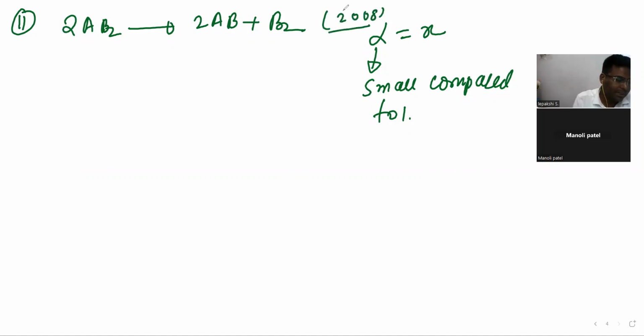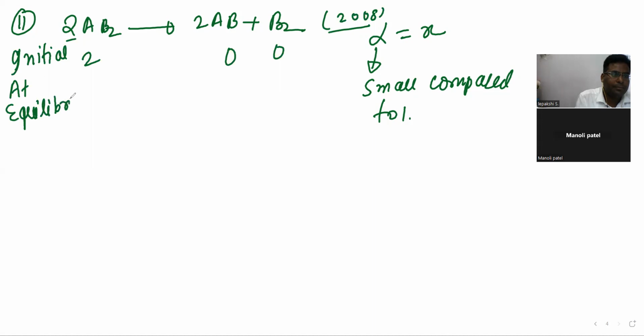So now see the explanation. Initially it is 2 moles, because the coefficient is 2, and the products are 0, 0 at the initial position. When equilibrium is reached, it becomes 2 into 1 minus x.